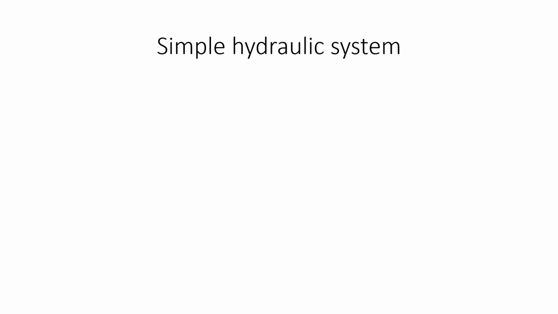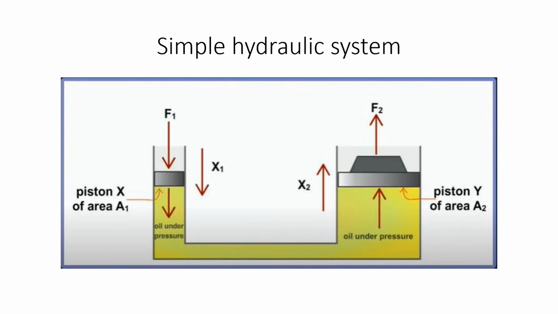Pascal's principle can be used as a force multiplier in a simple hydraulic system. The figure shows how a simple hydraulic system works based on Pascal's principle. This system consists of two cylinders of cross-sectional areas A1 and A2 respectively.